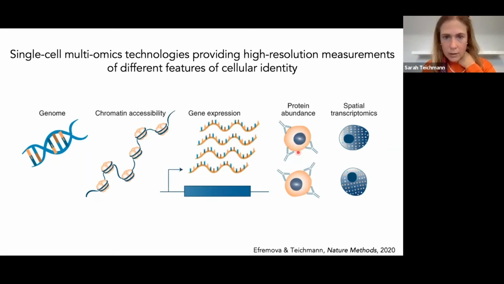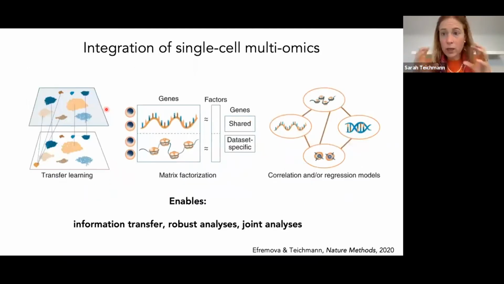And in fact, now we can measure some of these things at the same time, but more frequently we have separate data sets for these different modalities, and we want to integrate them to achieve the kind of integrated picture of the phenotype of the cell like I presented in the previous section.